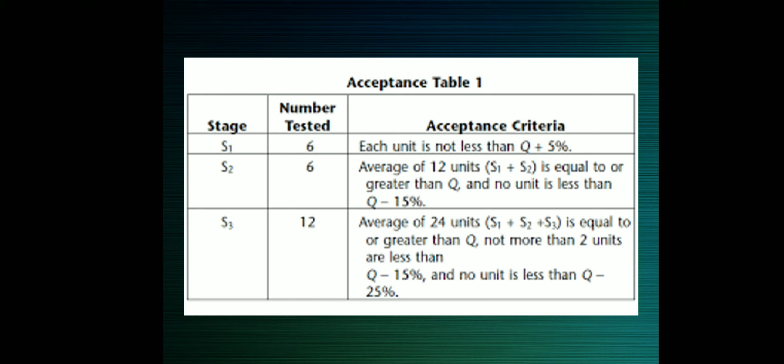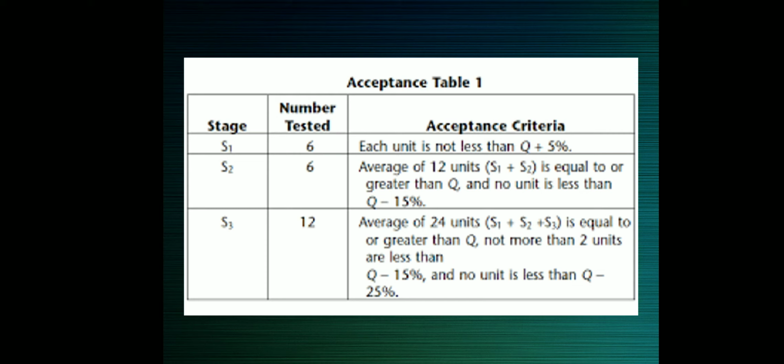For example, if the quantity of drug released in 45 minutes, Q45, is 85%, then for S1, all 6 tablets should release 90% of drug. Then it will pass. If that is not possible, the 12 tablets for S2 criteria should release drug at least 85% or more, and not a single tablet should be less than 70%.